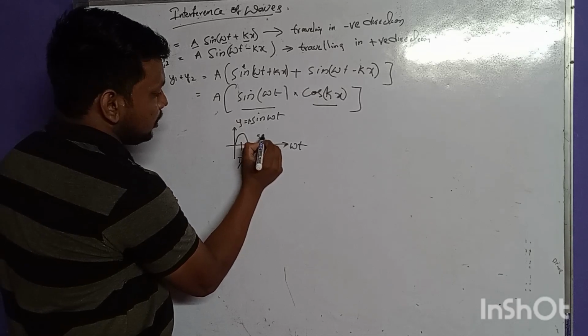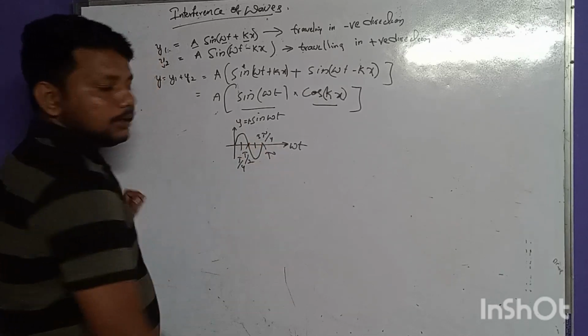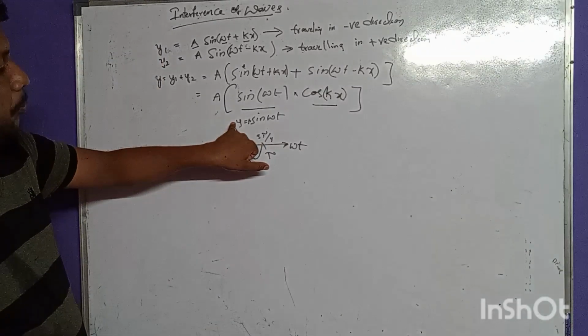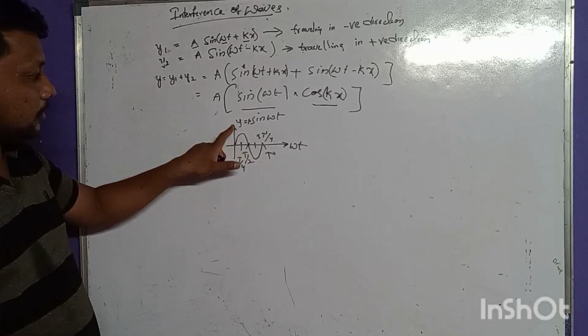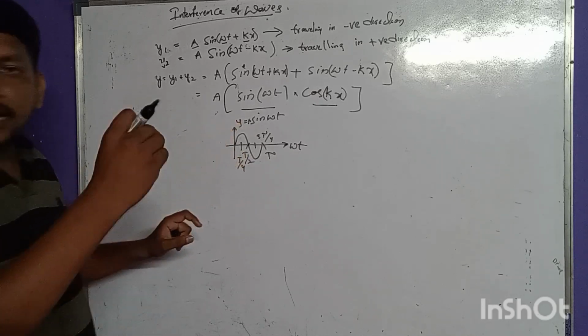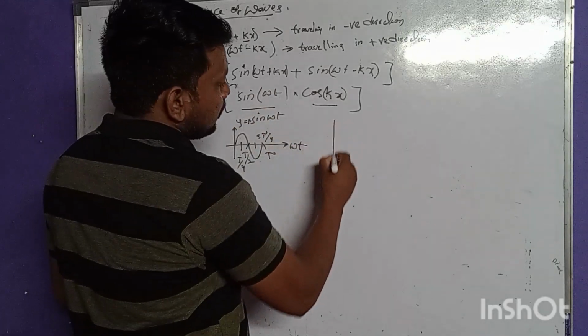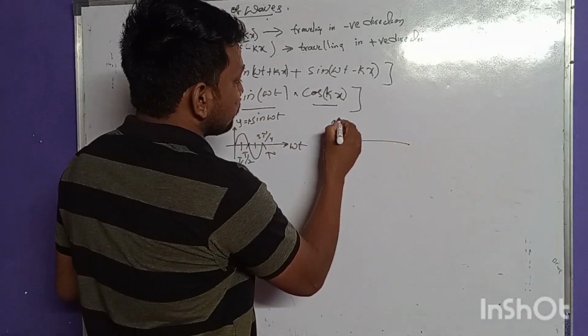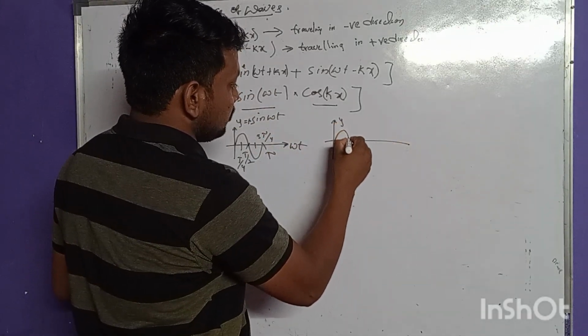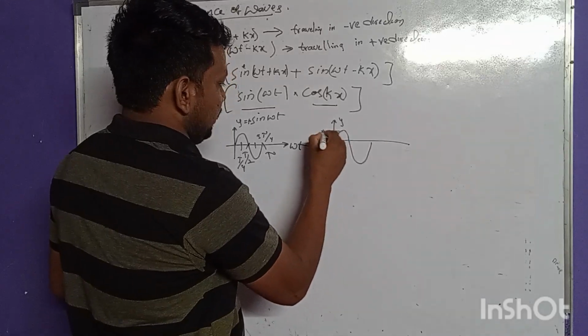This is 3 tau by 4, right? This is position time graph, right? Position of the particle with respect to time. This is the graph. This is y. Let's say a amplitude.